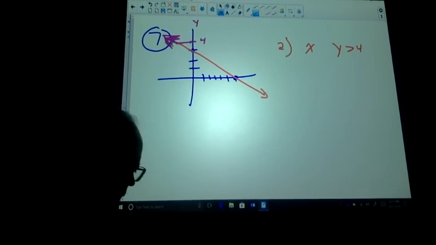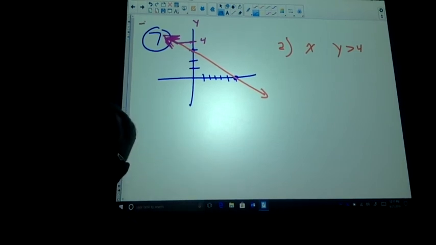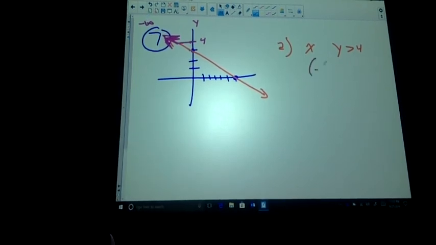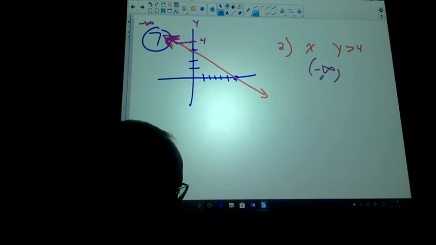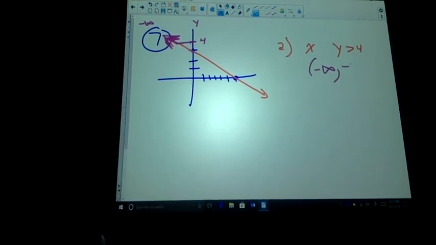So again, if you look on your graph, if I go up to 4, then I go to the left, this graph is eventually going to get to negative infinity, but from negative infinity up until negative 2, the graph is above 4 in the y direction. Does that make sense? It's kind of a different idea to think about.